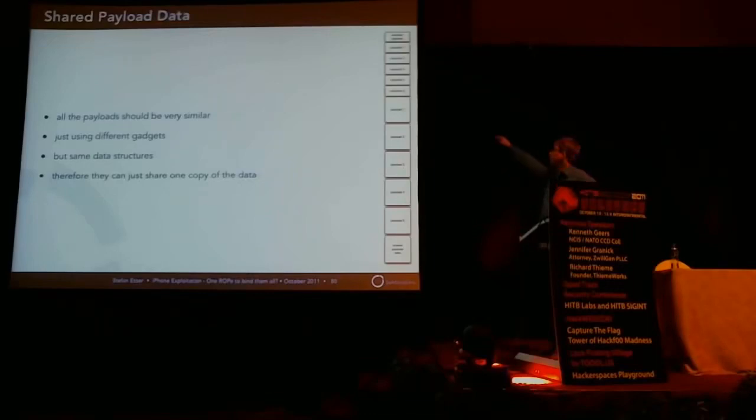Because once you are executing payload 1, 2, 3, 4, and 5, you are in a known location, so you can make the ROP payload a little bit easier, because you know exactly where each data element is on the stack, and then you can address it directly. You can change the parameters of the next function call by writing to the next parameter, because you know exactly the address. So this is a lot easier. And so you can always reference the shared payload data.